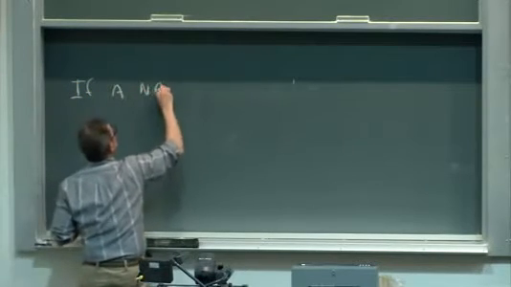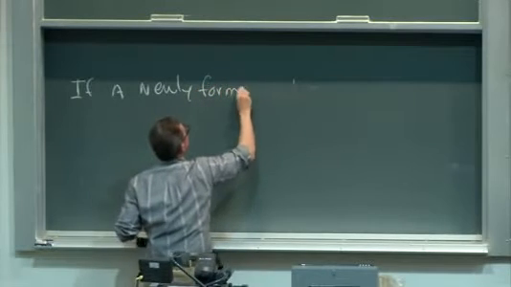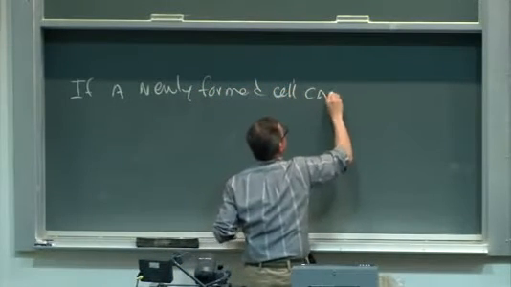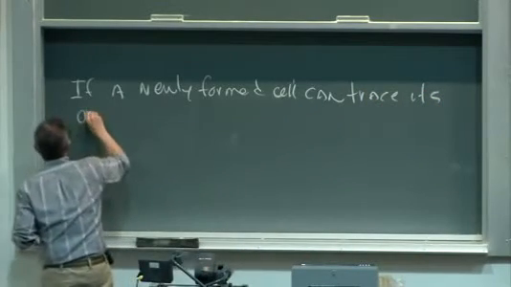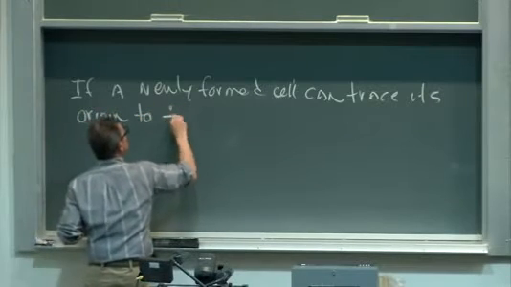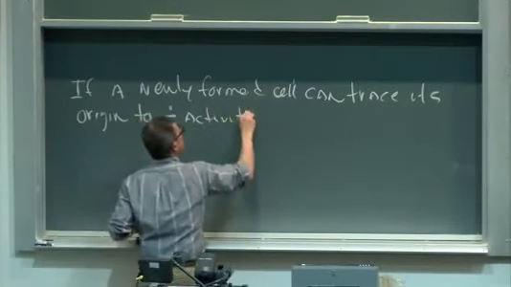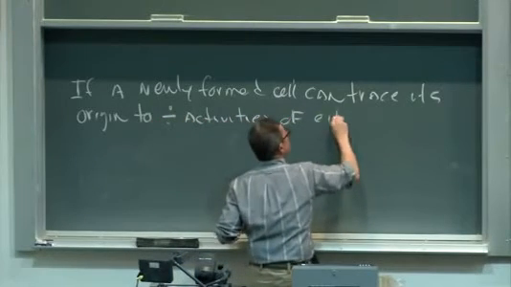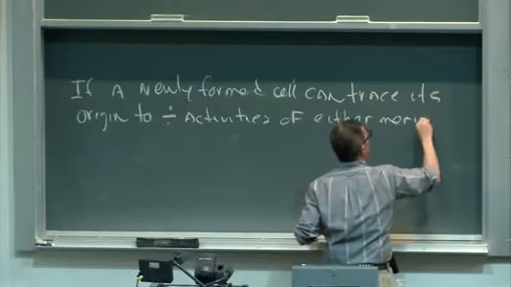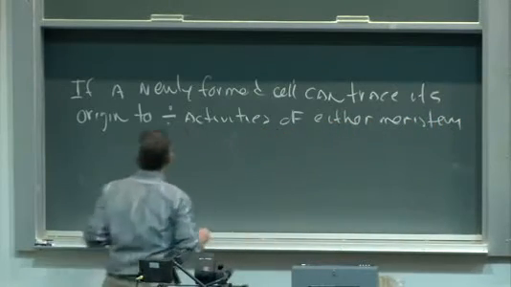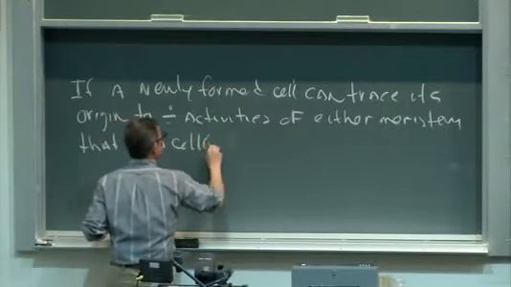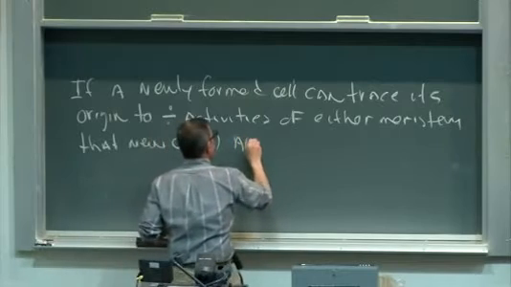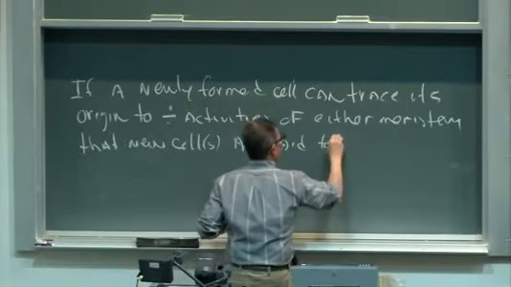If, for development especially, a newly formed cell can trace its origin to division activities of either meristem, that new cell or cells are said to be primary.